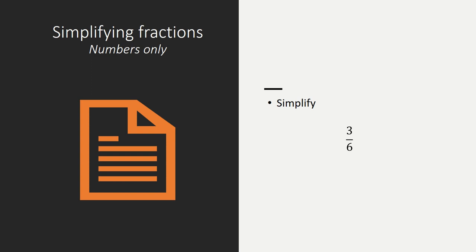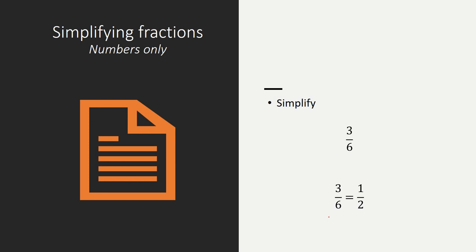First, we're going to look at numbers only. So you're going to simplify 3/6. This means that you need to make 3/6 as small as possible. If you want to make 3/6 as small as possible, you will get 1/2, because you're going to divide the numerator and the denominator by the same number.